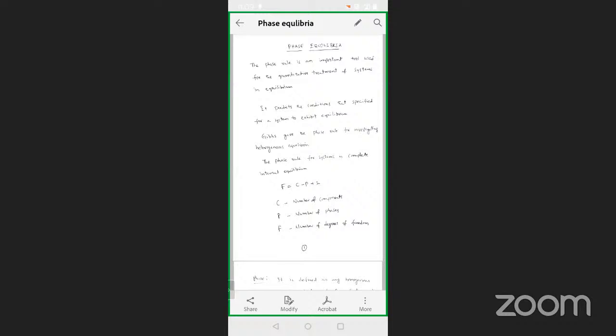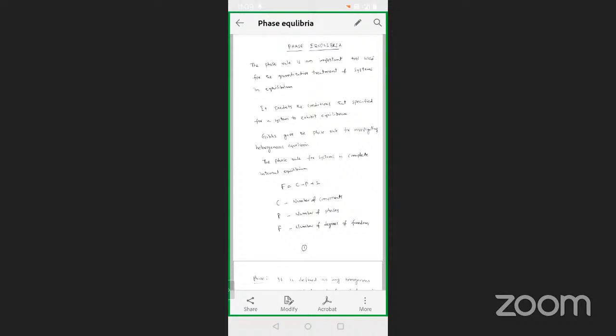And it predicts the conditions that are specified for a system to exhibit equilibrium. Now, initially, scientist Gibbs gave the phase rule for investigating heterogeneous equilibria.